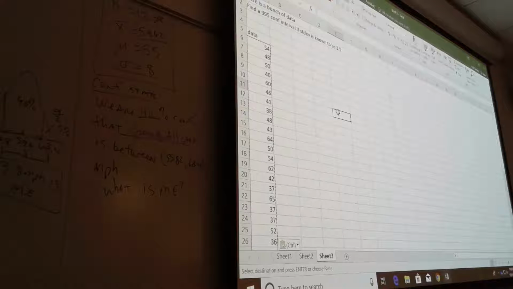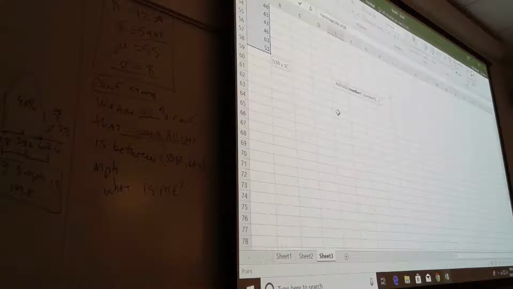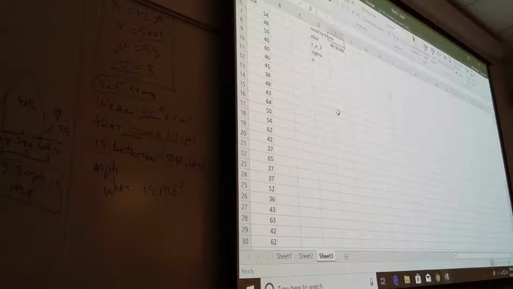Now, according to your formula, what do I need? I need to know X bar, Z sub alpha over 2, sigma, and n, right? How do I find my X bar? Average. Equals average. 48.3.